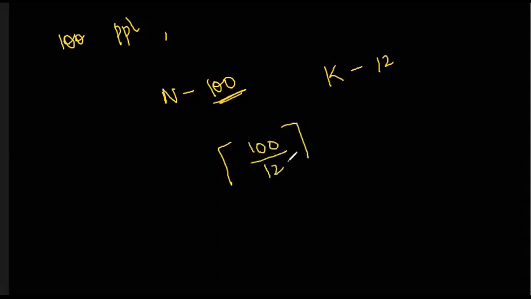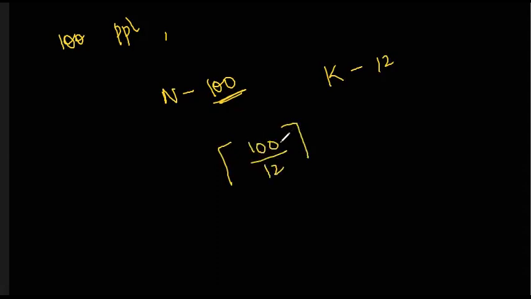We have 12 months. And over here, n is the objects, that is, you are placing 100 people and classifying them into 12 boxes. So the k value is 12. Now in this case, we will take the ceiling value of 100 by 12.